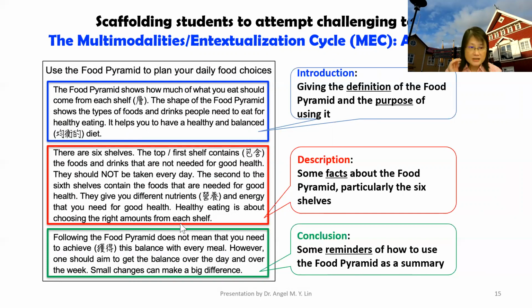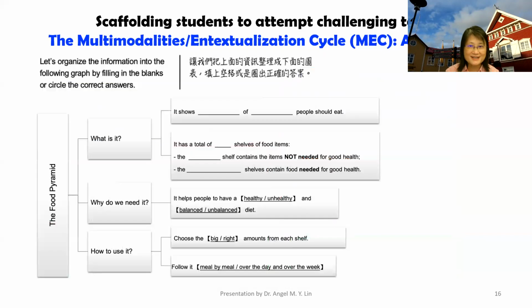So as we guide students through this reading, we also help students to analyze the different stages in the genre of a descriptive text, so that students can write a descriptive text after reading it, right? If we don't analyze it for them, they wouldn't be able to understand, oh, a descriptive text, we need to go through 3 stages to write. So this is a genre-based approach to reading and writing.